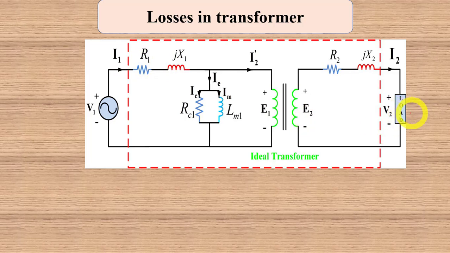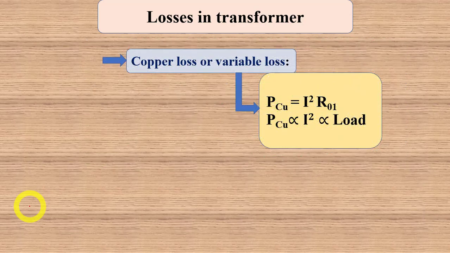So I1 and I2 both change with the load, and the I1 and I2 currents pass through their own lumped resistances. So there is I1 squared R1 loss here and I2 squared R2 loss here. The summation of both is I1 squared R01, where R01 is the total resistance referred to the primary side. Next one is the fixed loss, or iron loss.